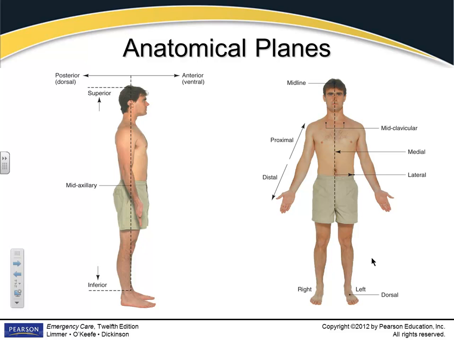Mid-axillary. What's the axilla? Okay, everybody, point to your axilla. Anybody? Am I the only person in here that knew that was your armpit? I don't believe it. So your mid-axillary line would be where?